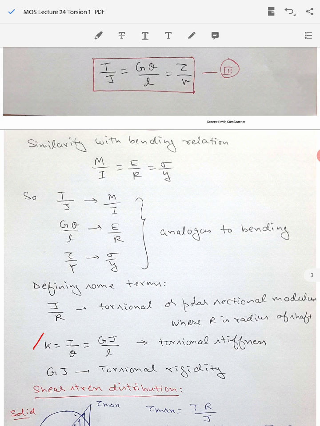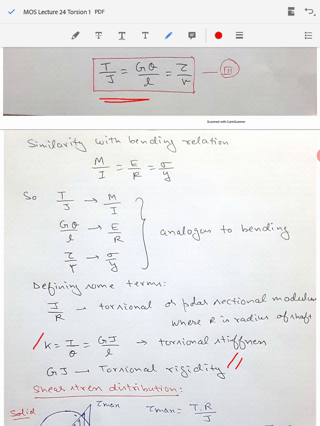If you look at this relation, T by theta will be equal to G into J by L. So you can also represent the torsional stiffness as GJ by L. What is GJ? GJ is your torsional rigidity. The modulus of rigidity multiplied by the polar moment of inertia gives you the value of torsional rigidity.